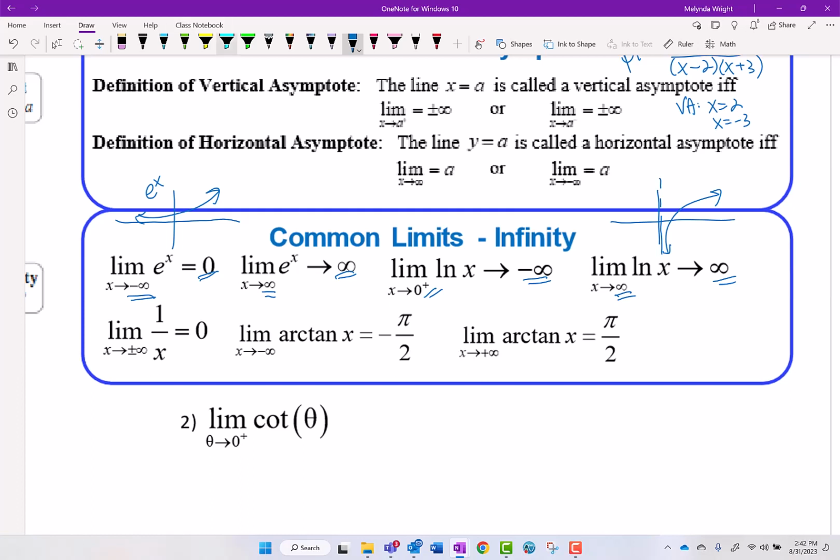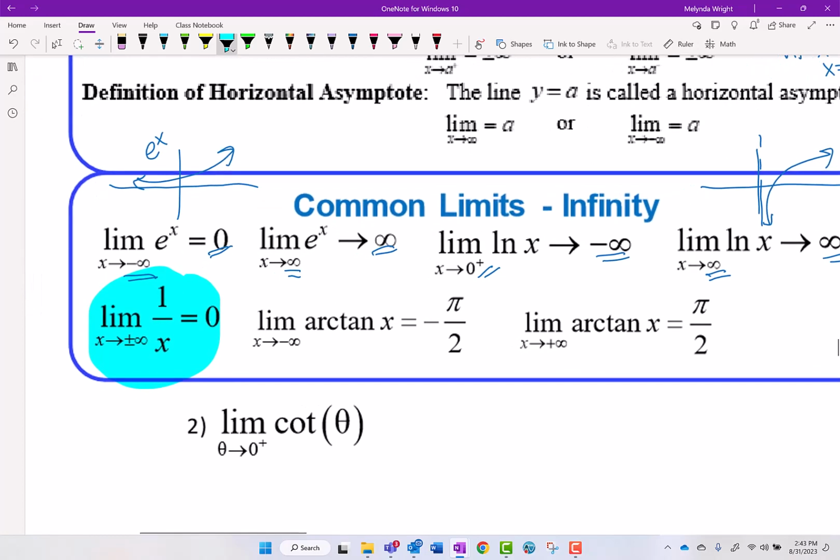This one is highly significant. This one that I am highlighting. This guy is a really big deal. A lot of our work is around this concept. And I want to talk about the concept, and then we'll talk about how it's used. So if you can imagine that this denominator, and it doesn't have to be just x, I mean, basically x to the n, x to anything, that denominator is going to grow without bound, okay?